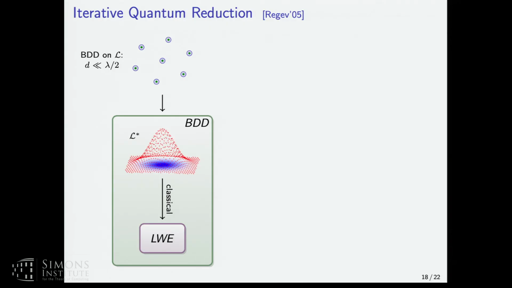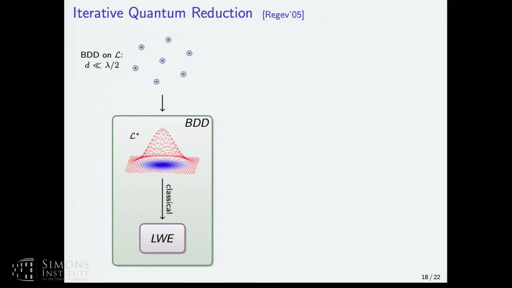Well, we put it through the core component that I just told you about. It suffices to have really wide Gaussian samples over the dual lattice, and then my machine can produce LWE samples. Given a target and a bunch of samples from this, we get LWE samples, we can invoke our LWE oracle, and that solves BDD for us. So with a very wide Gaussian, I can solve BDD to a very tiny radius.